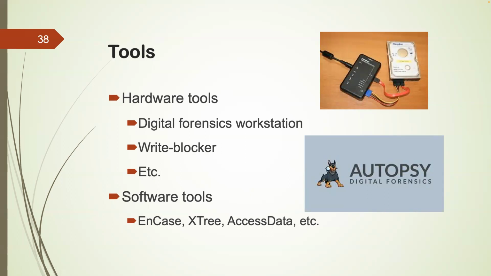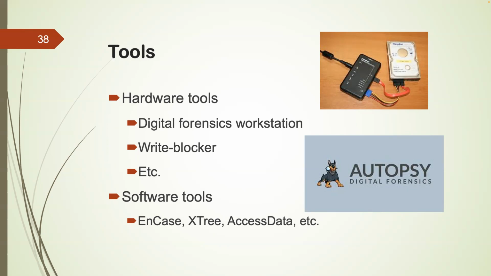On the hardware side, there are also specific hardware tools that are used in digital forensics. One example is the write blocker. Whenever you are reading something from the suspect's hard drive, you have to make sure that it is a one-way process. That means the reading process that you are performing on the suspect's hard drive is not writing anything and is not altering the state of the suspect's hard drive.